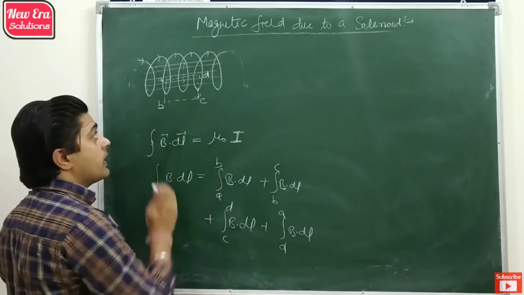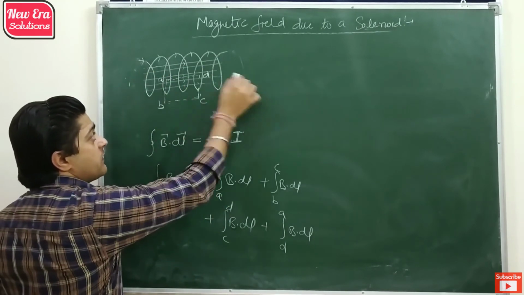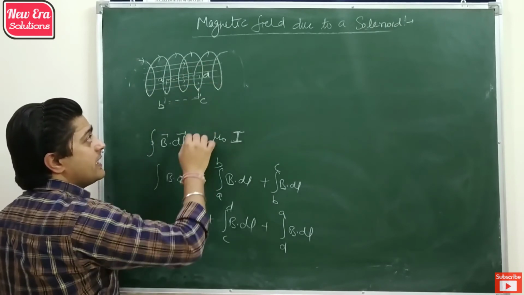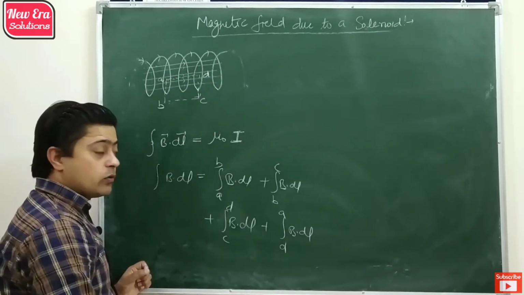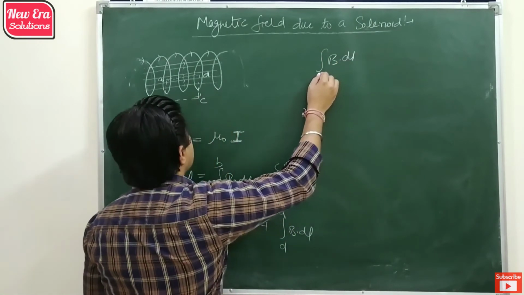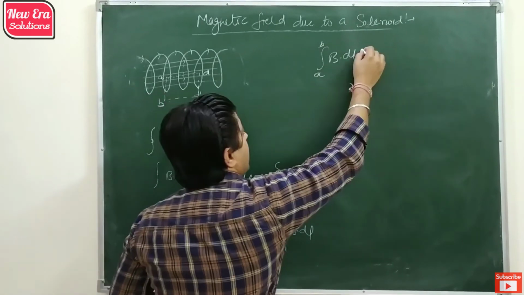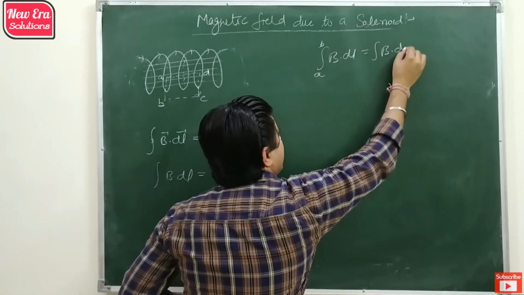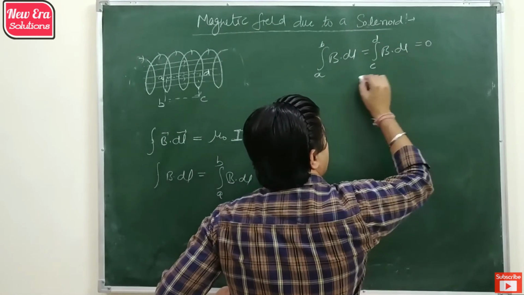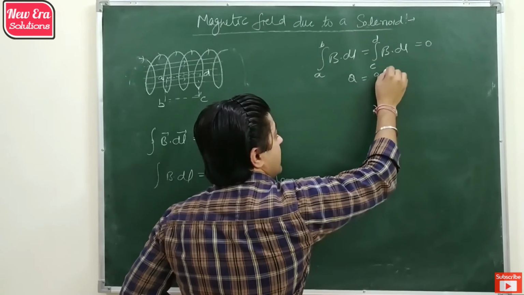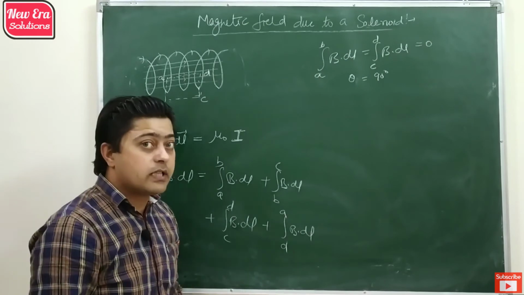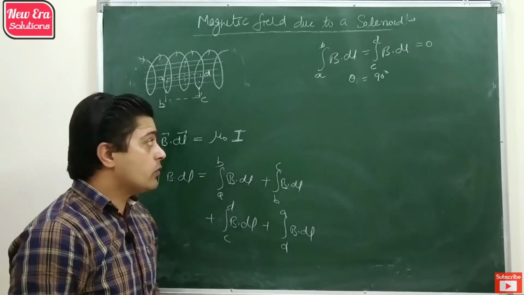Then if we focus on the diagram, the segments A, B and C, D are perpendicular to the magnetic field. So B dot dl for A to B and B dot dl for C to D is 0, because for them theta is equal to 90 and B dot dl gives B dl cos theta and cos 90 is 0.